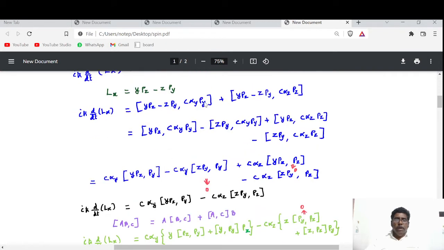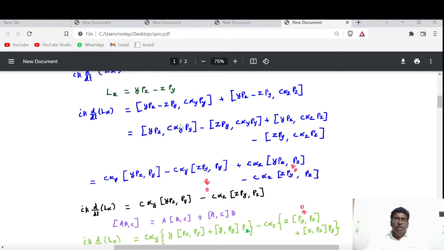Now consider the first term. We have to separate the first term into two terms, [y pz, c αy py] as the first term, then take this minus sign outside, then [z py, c αy py] is our second term. In the same manner, separate this into two compartments, [y pz, c αz pz] minus [z py, c αz pz].